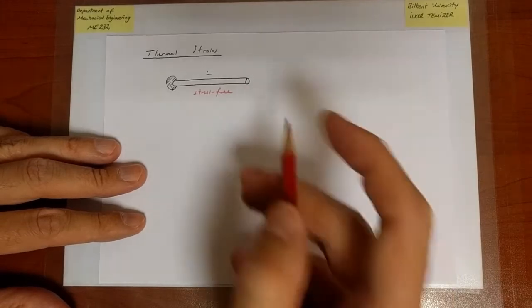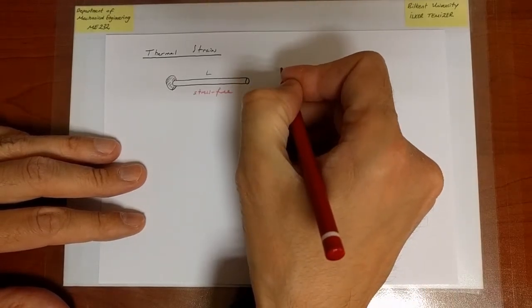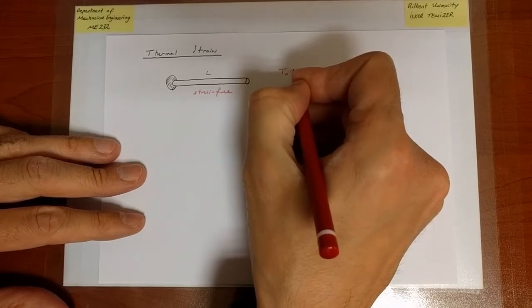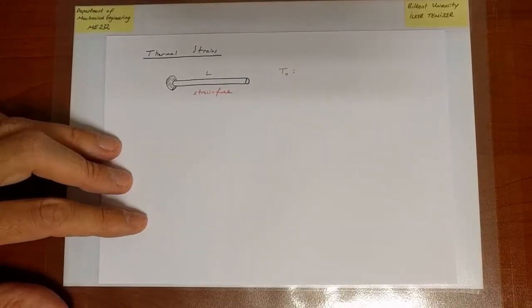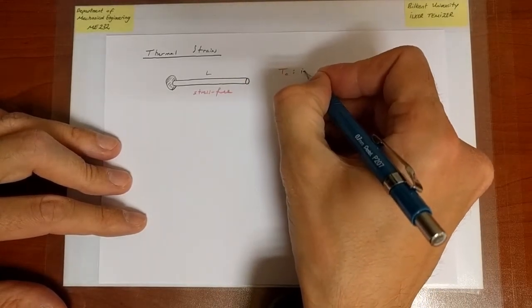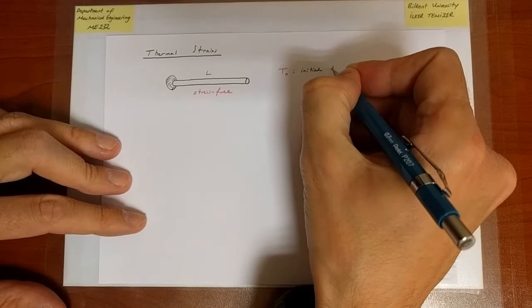And it is at an initial temperature, which we are going to call T0. So T is going to indicate the temperature from now on, and T0 is the initial temperature.